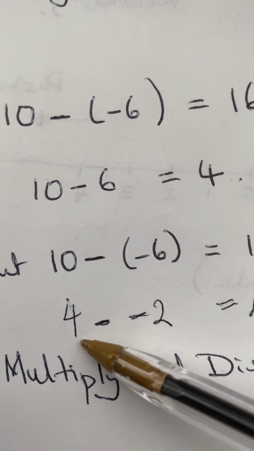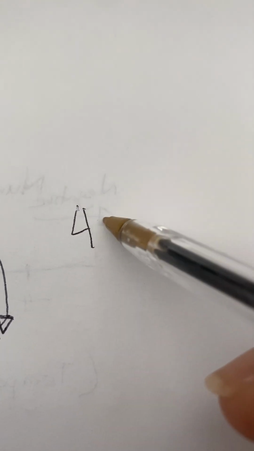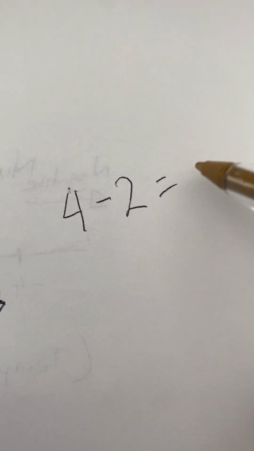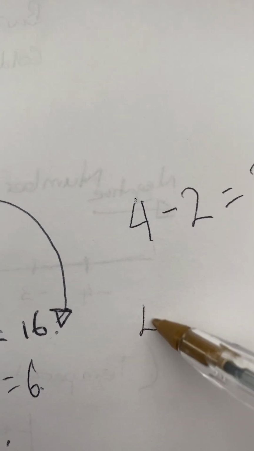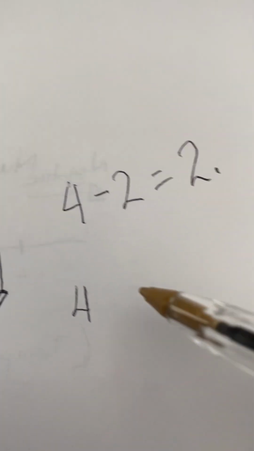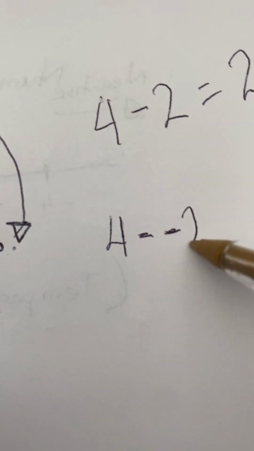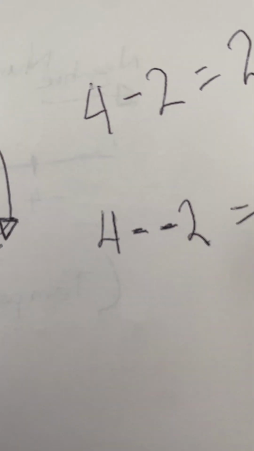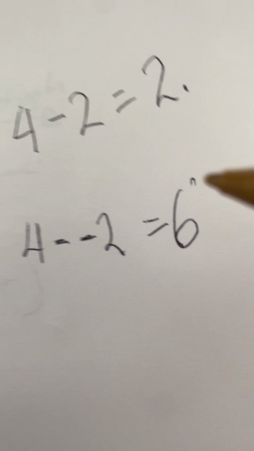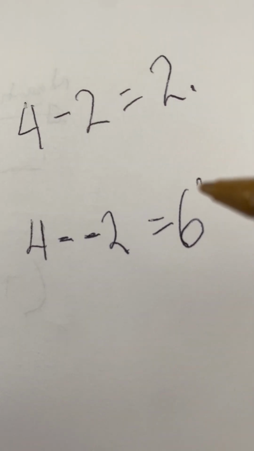If you have 4 minus 2, this is what I mean, the answer is 2. But immediately you have 4 and you're subtracting minus 2, it becomes addition. So it becomes 6. I hope I'm clear on that. Okay.